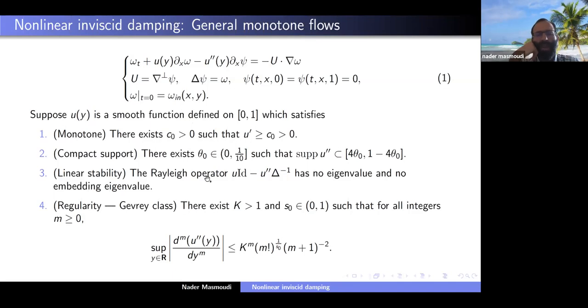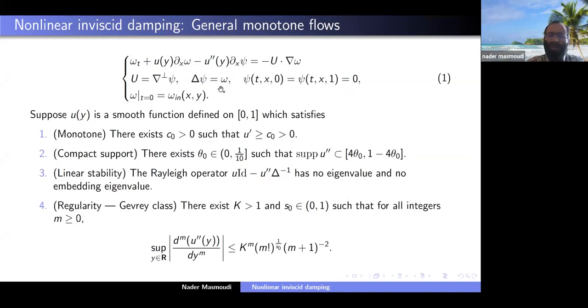I wanted to mention that for Couette, if one takes U(y) equal y, that's a possibility. If U(y) equals y, then this term is not there, but you look at the problem between 0 and 1. Ionescu and Jia, after my paper with Jacob, also extended our paper to this case.